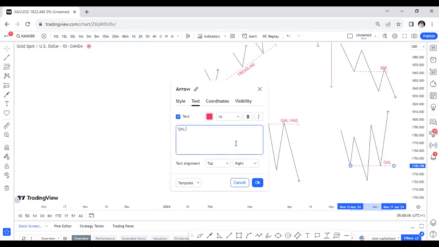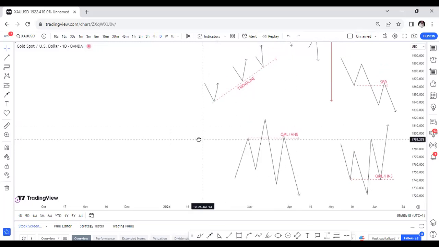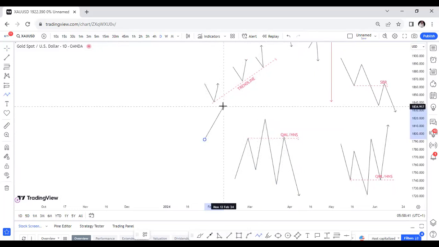QML. HNS. Yeah, this is the left shoulder, the right shoulder, left shoulder. So now to connect your trend line here, you use your trend line to connect this and this. That means something here could be above here. In the past, you can have a key level here.